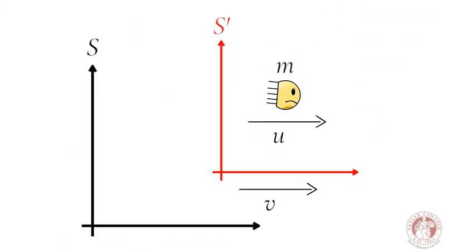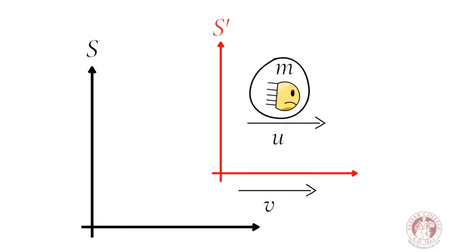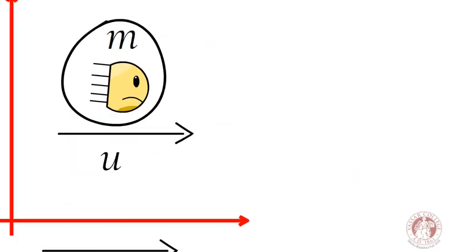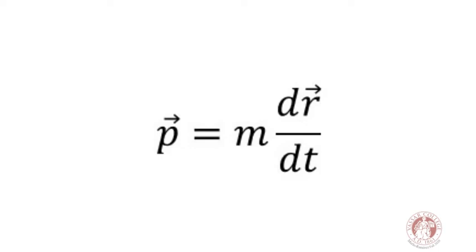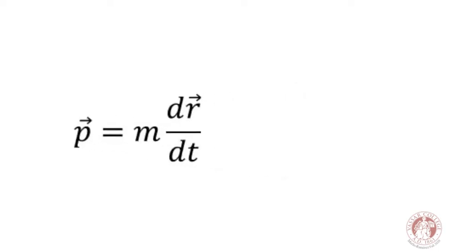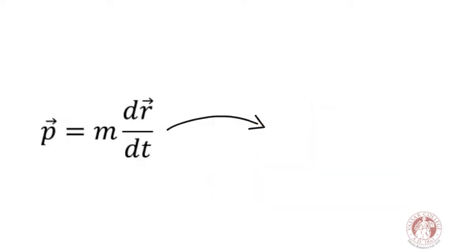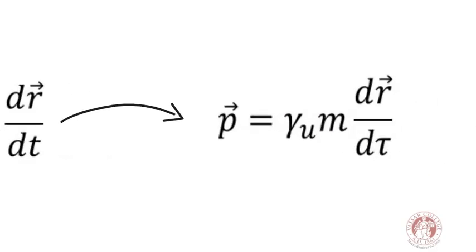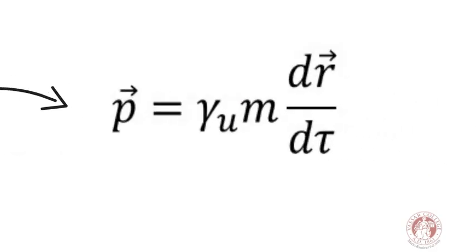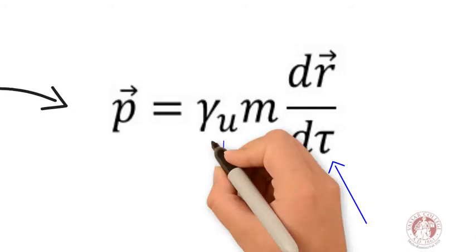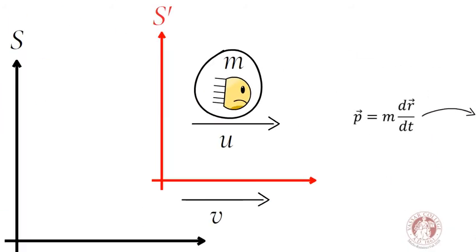Fortunately, if we consider the rest reference system of the particle, we can see that the classical definition of the momentum will satisfy the Lorentz transformations only when the relativistic factor is included in the expression. Note how the relativistic factor is defined in terms of the speed of the body, and not the speed of the reference frame S'.